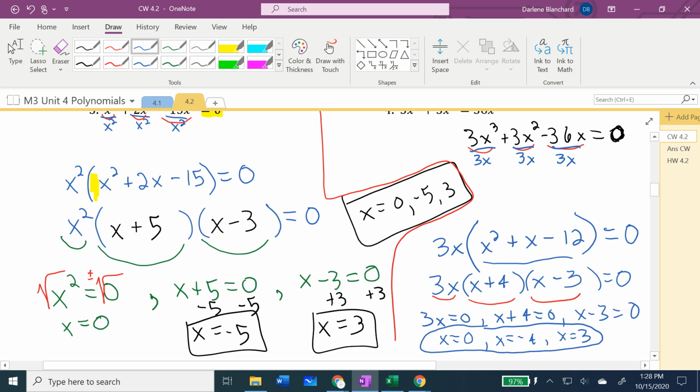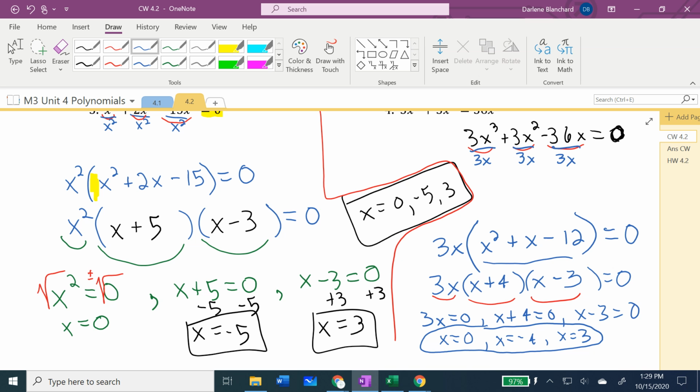What I can tell you for now is when you're solving polynomial equations, if you are needing to factor something that is higher degree than 2, you will find a common factor of x or x squared or x cubed that can factor out of everybody.